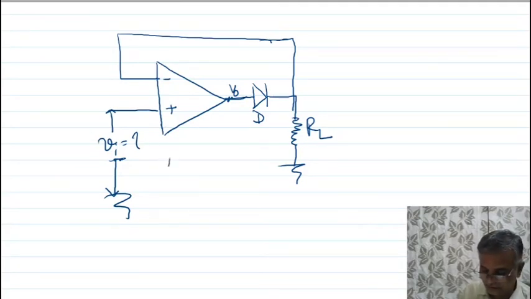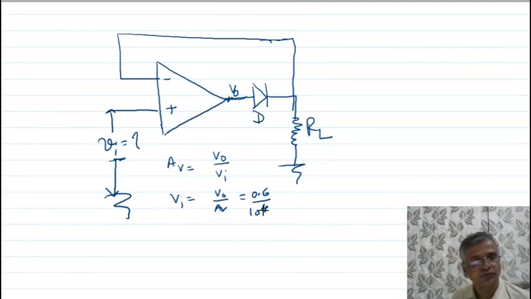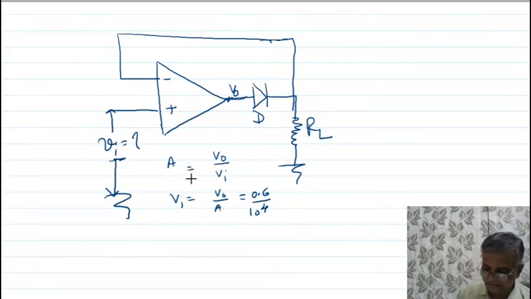My gain is nothing but the output upon input, so the input is VO upon AV. VO is 0.6, and AV, the open loop gain of the amplifier, I am taking as 10⁴.